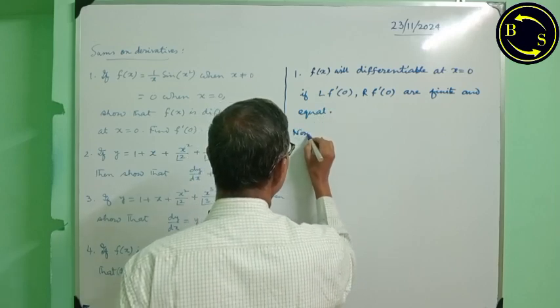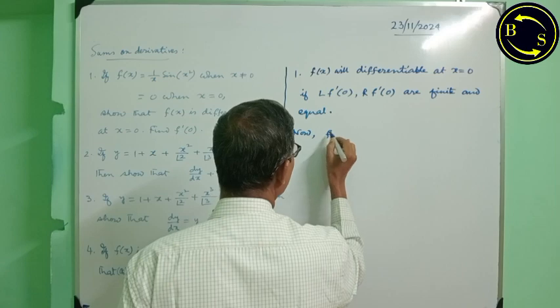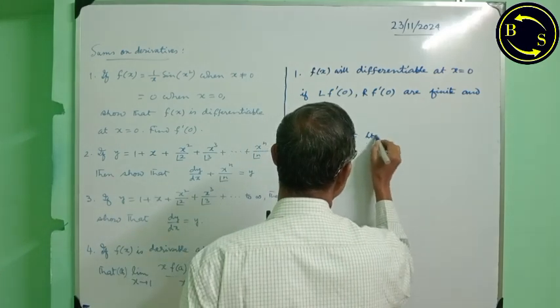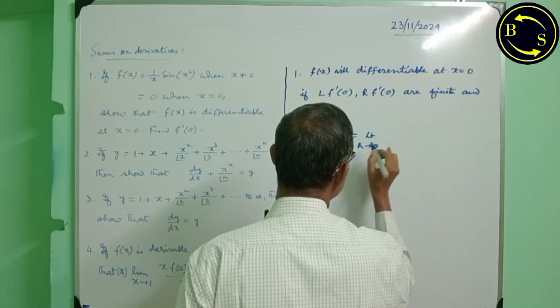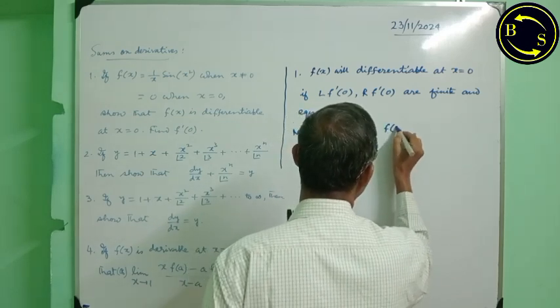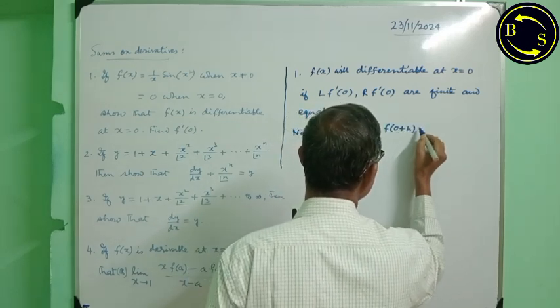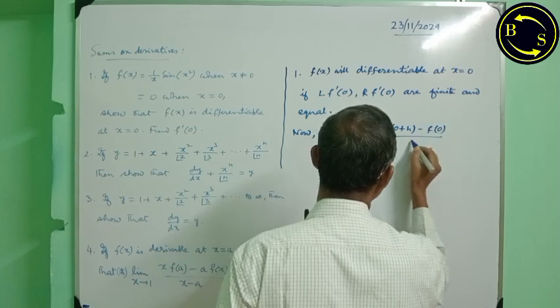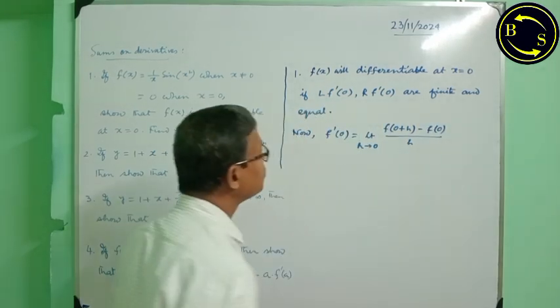Now Rf'(0) is equal to limit h tends to 0 plus of (f(0 plus h) minus f(0)) by h.